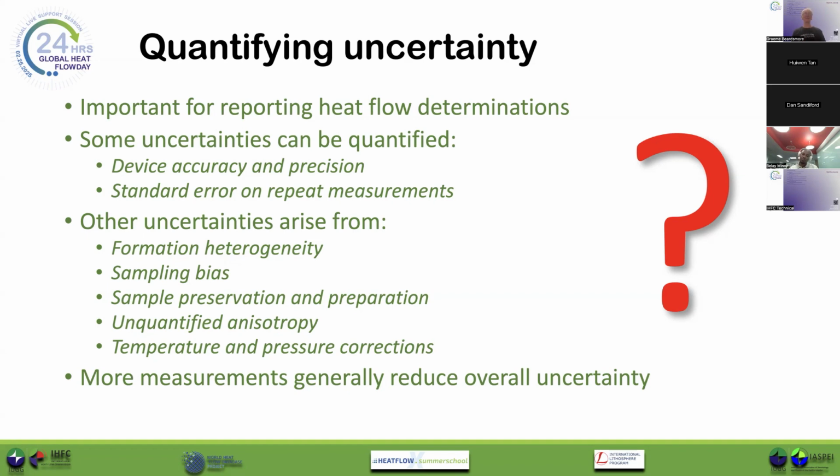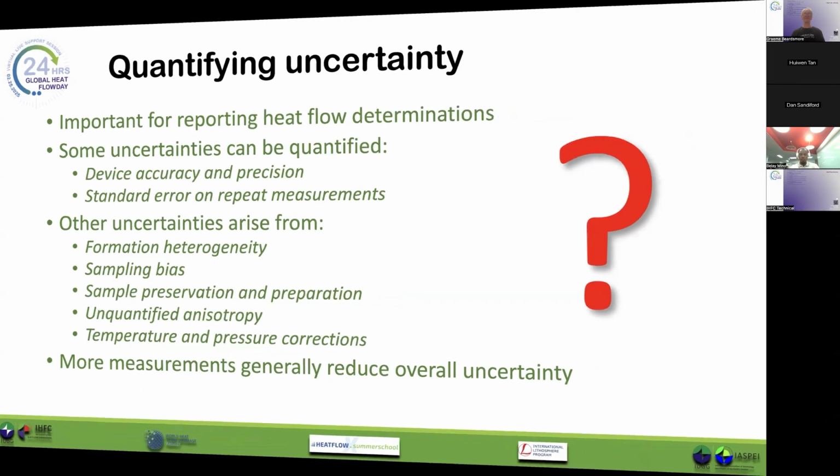So it's good to be open, transparent, and realistic about just how certain we are about the thermal conductivity. In general, though, statistically, the more measurements we can make, the more we can reduce the overall uncertainty if we're trying to characterize the properties of a particular formation.